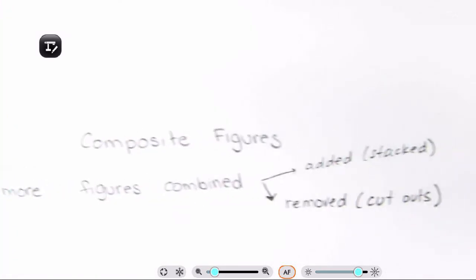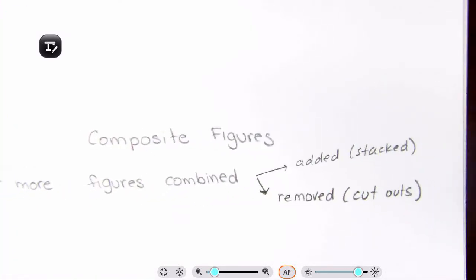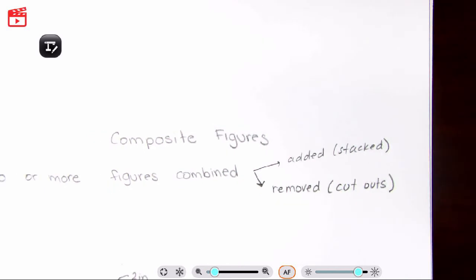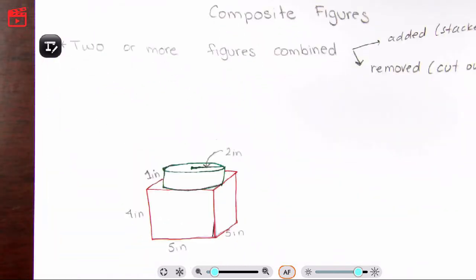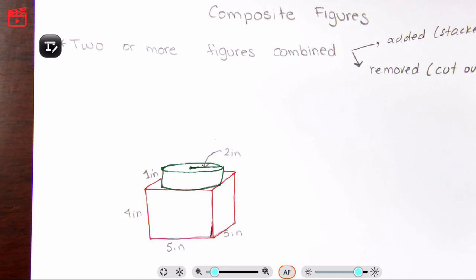So let's do an example of our first composite figure. And again, we're trying to think of volume. Whenever you think of volume, think of a water bottle that's filled up with water. You're filling something up with water or paint. So here are my 2 figures.